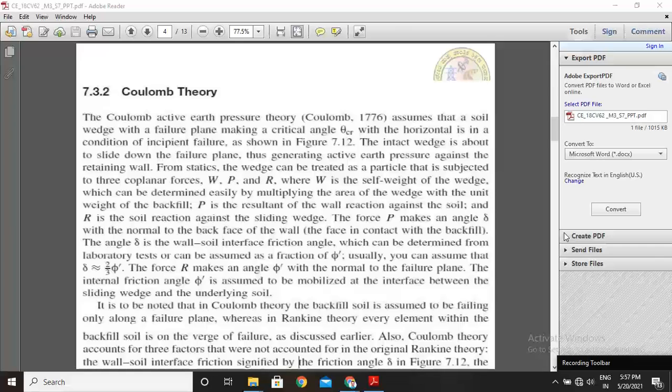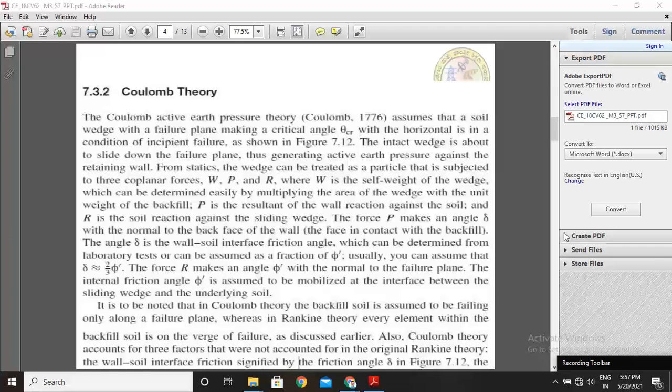Usually you can assume that delta equals 2/3 phi dash. The force R makes an angle phi with the normal to the failure plane. The internal friction angle phi is assumed to be mobilized at the interface between the sliding wedge and the underlying soil.